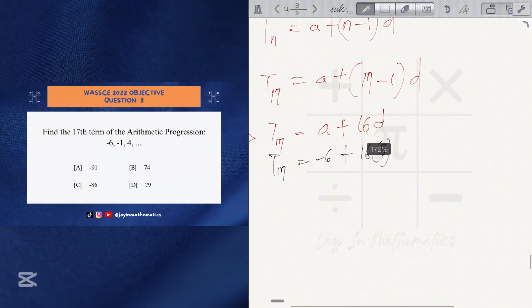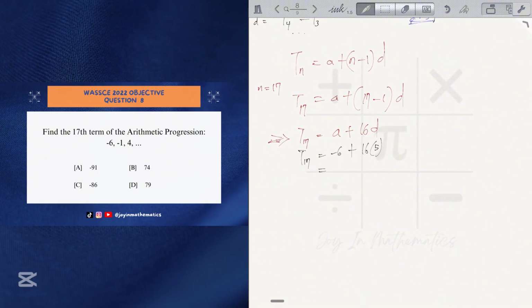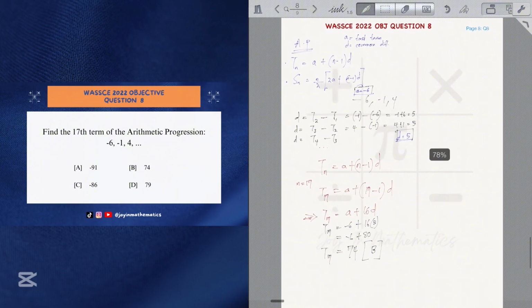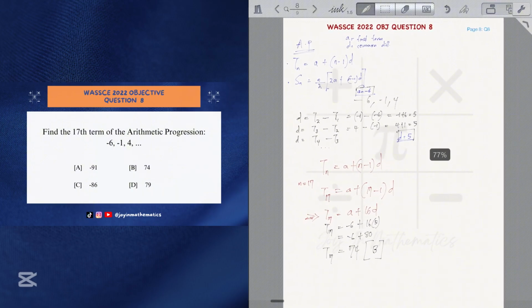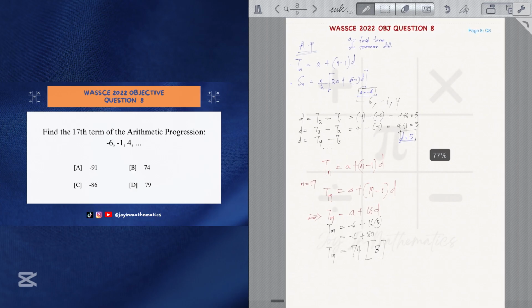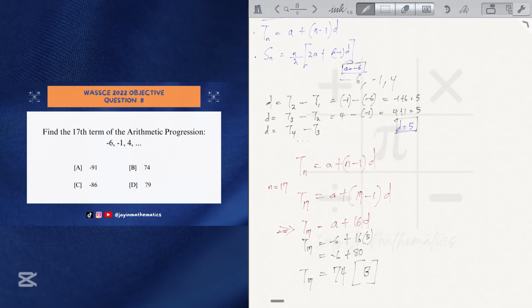Simplifying further, this will result into -6 plus 80, and T17, which is the question, is equal to 74. 74 is equivalent to option B. So we can see we started from the formulas, we moved further to evaluating the first term, then D, then we applied the formula for the nth term, and we arrived at 74.